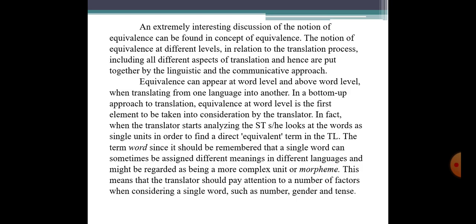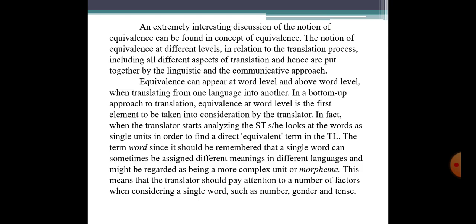An extremely interesting discussion of the notion of equivalence can be found in the concept of equivalence. The notion of equivalence at different levels in relation to the translation process, including all different aspects of translation, and hence are put together by the linguistic and the communicative approach. Equivalence can appear at word level and above word level when translating from one language into another.